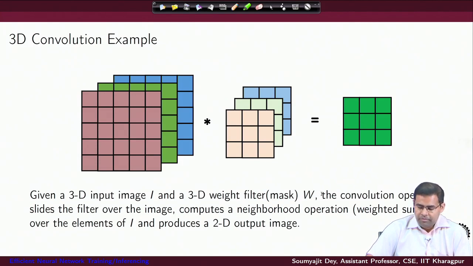So, what will happen here? The operation will slide over the image and compute the neighborhood operation, the weighted sum. So, essentially the weights are getting multiplied with these values in the image that we saw, and then finally we do the summation, and then you do it over the elements of I and produce the output image, right.